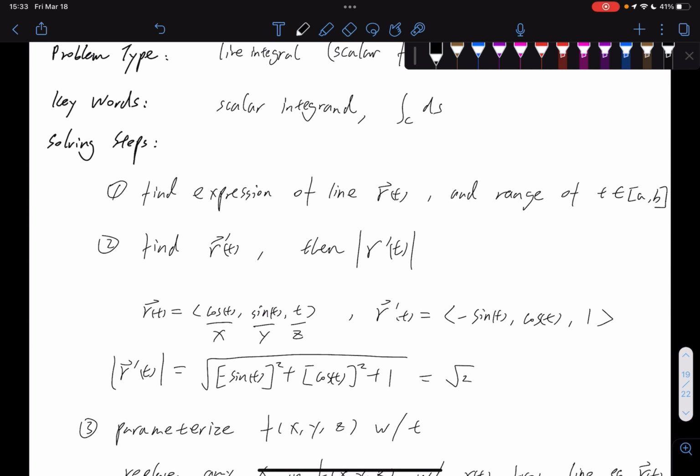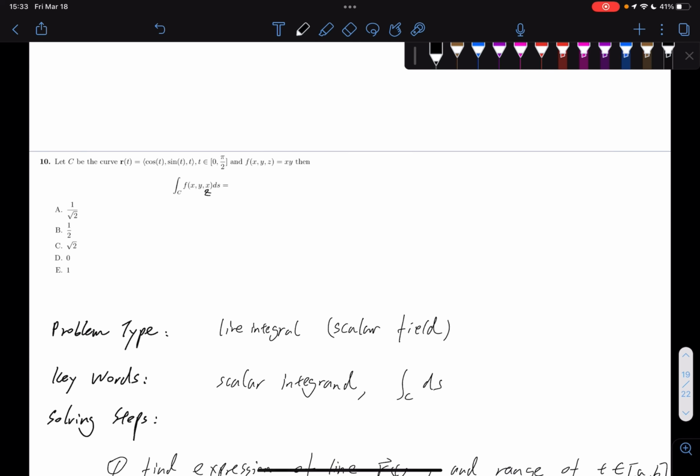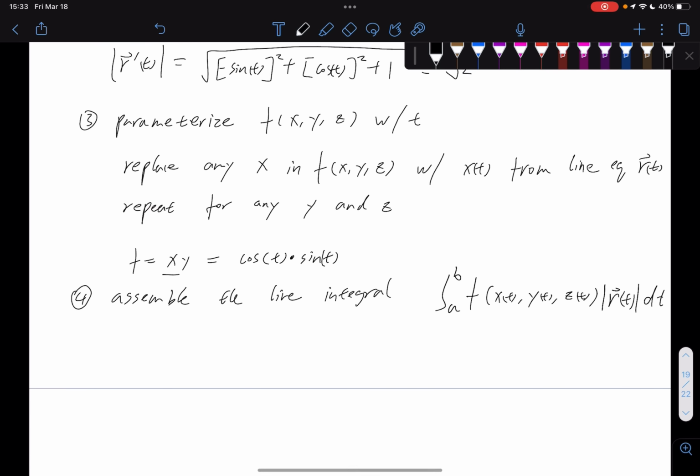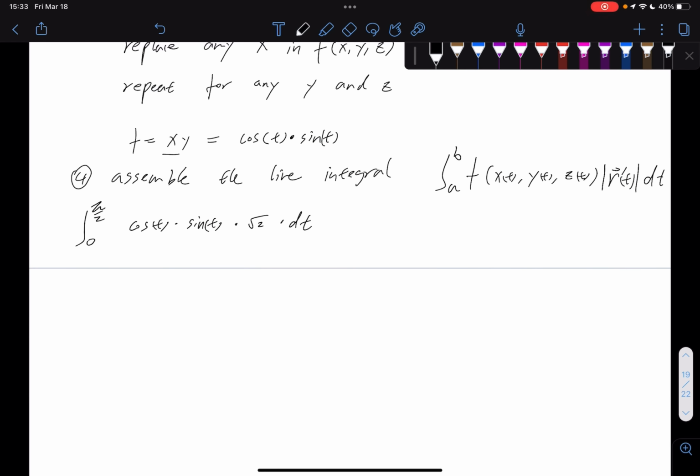Our range of t is 0 to pi over 2. And f now parameterized gives us cosine t sine t, times the magnitude of r prime of t, which is square root of 2, times dt. And now we just go ahead and solve for this integral.